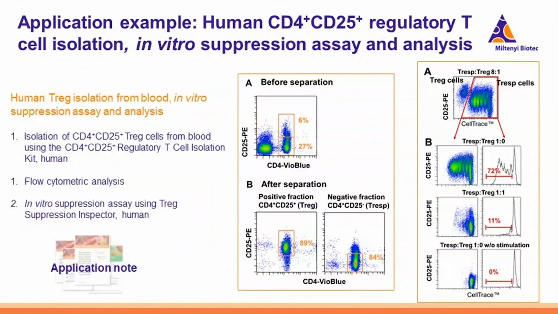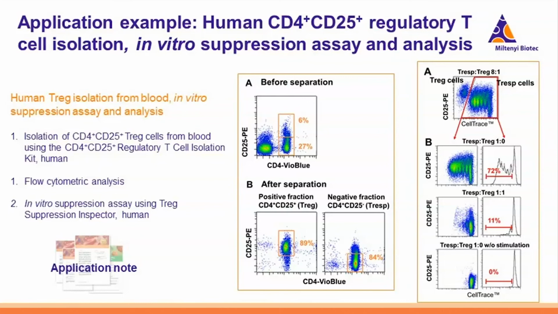Okay. And at the end, I would like to show you another application example on human CD4, CD25 positive regulatory T cells. Tregs were isolated from human blood using CD4 CD25 regulatory T cell isolation kits. After separation, the cells were analyzed by flow cytometer. Then the positive fraction as Tregs and negative fraction as responder T cells were used for the suppression assay.